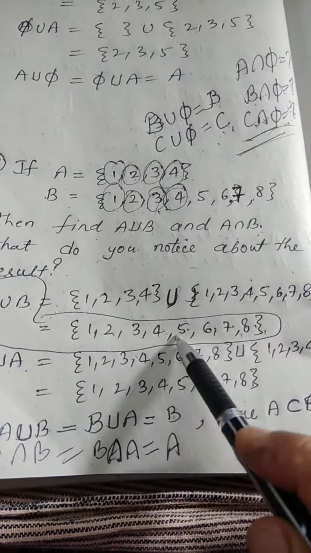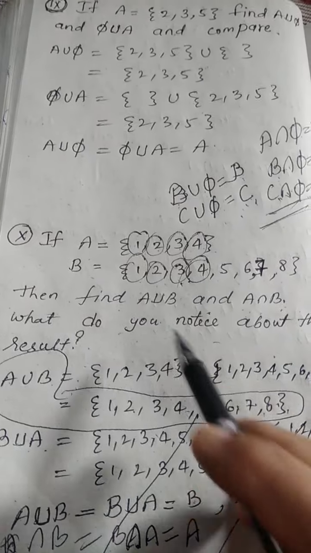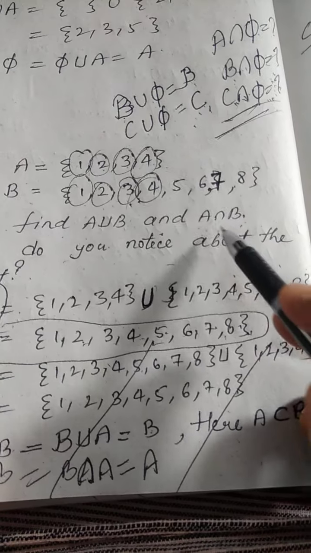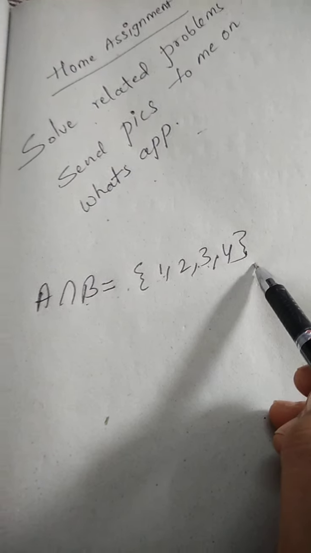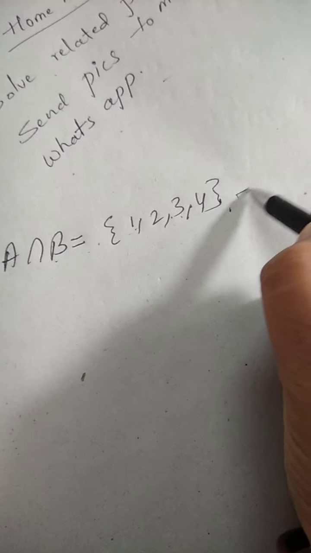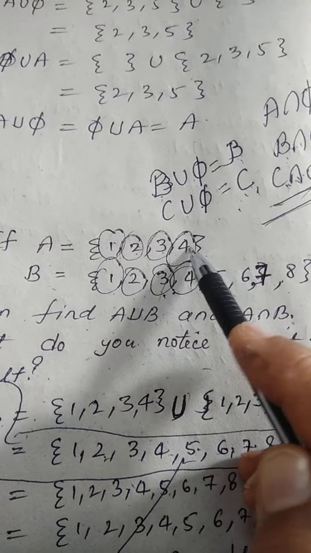Now, they are saying find A union B, so this is A union B, and they are saying find A intersection B, so this is A intersection B. What do you observe here? A intersection B is 1, 2, 3, 4. So 1, 2, 3, 4 is what?